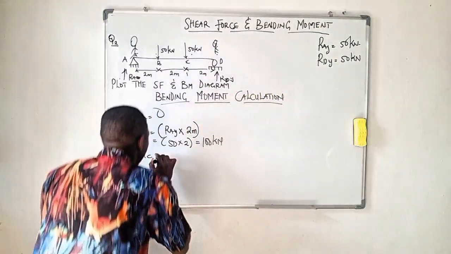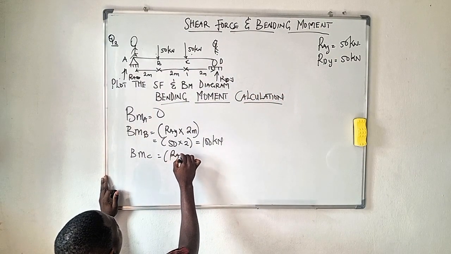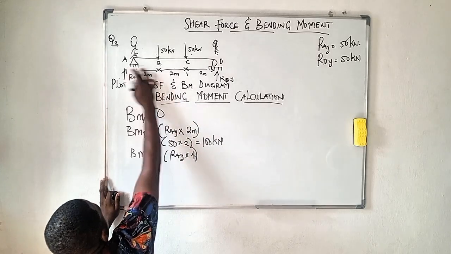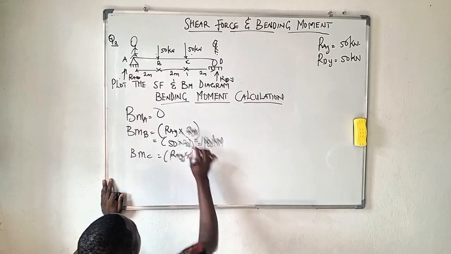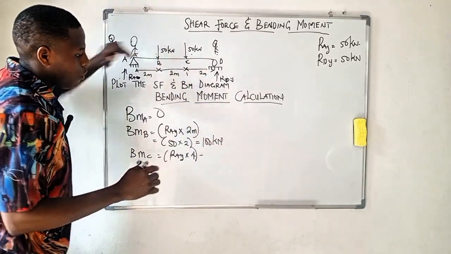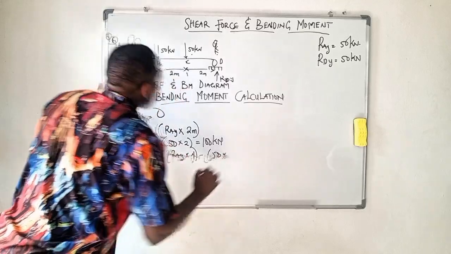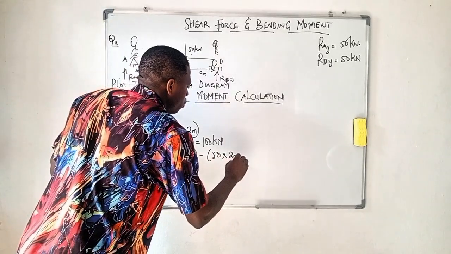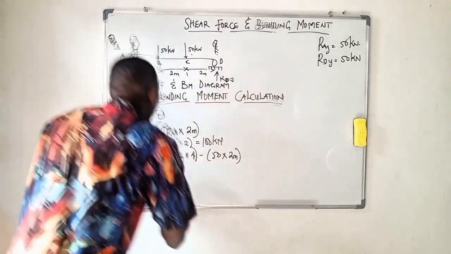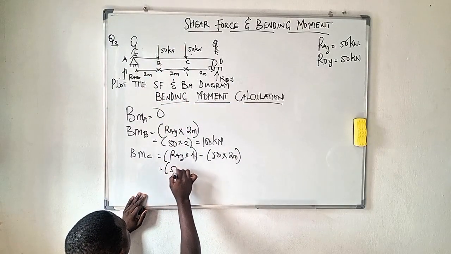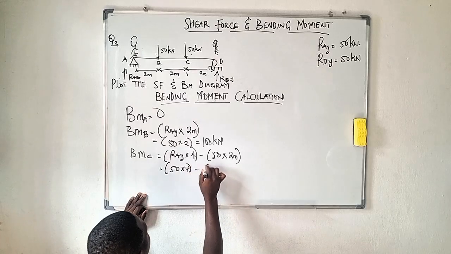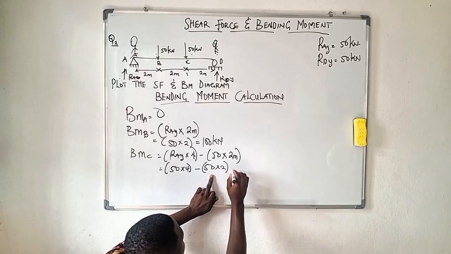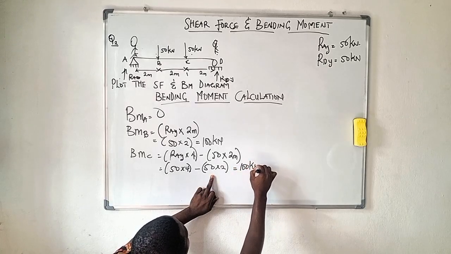So we have Ay times 4 meters, minus, because of this downward arrow, 50 times 2 meters. This is 50 times 4 minus 50 times 2, which is 200 minus 100, and that is 100 kilonewton meters.